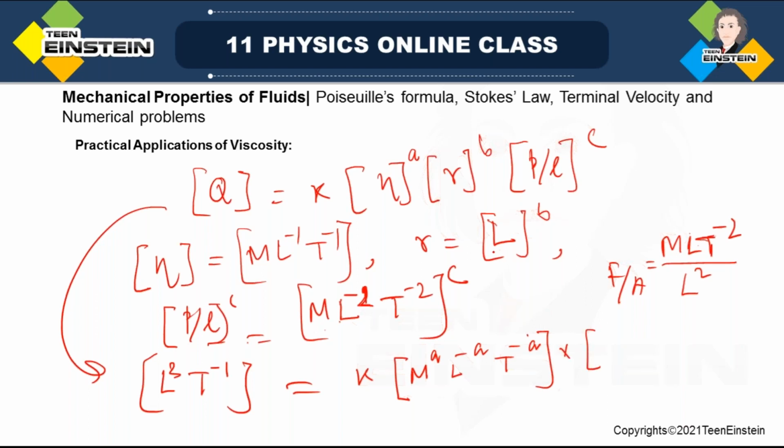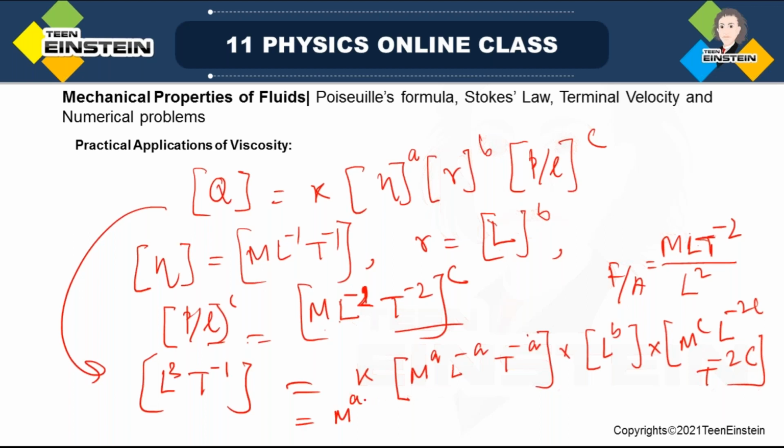Okay, into here L to the power b, then you get this one, m to the power c, L to the power minus 2c, t to the power minus 2c. So these are the things we get. Now look, what we'll do, MLT will just separate them out.